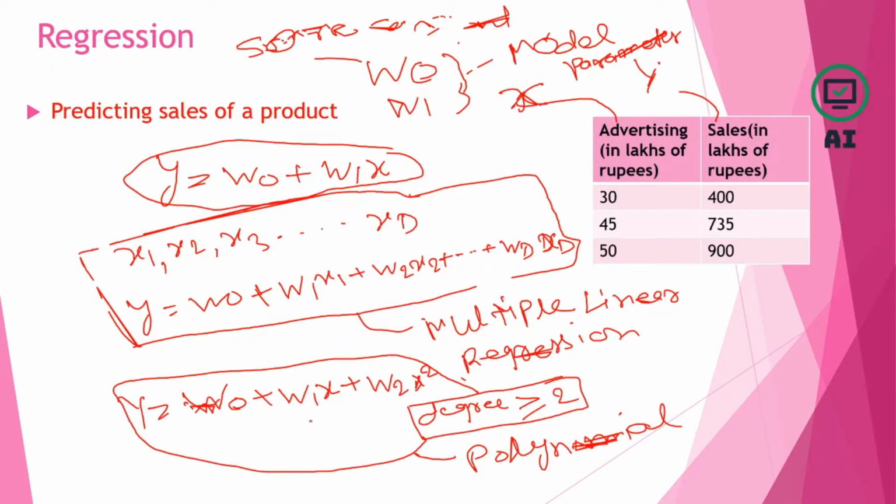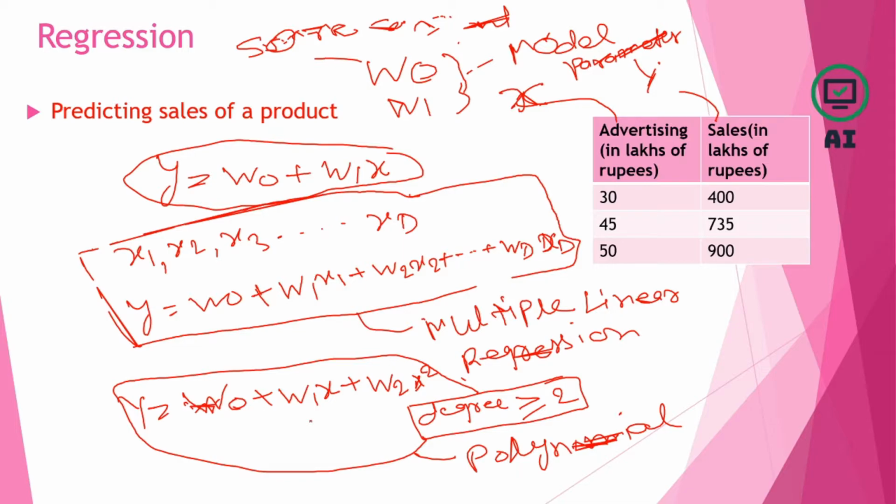Let us look at an example: predicting sales of a particular product. Here, let's look at the scenario where sales is mainly influenced by the money that is spent on advertisement. In this case, our assumption is that the product has not been changed and the configuration of the item remains the same over time.